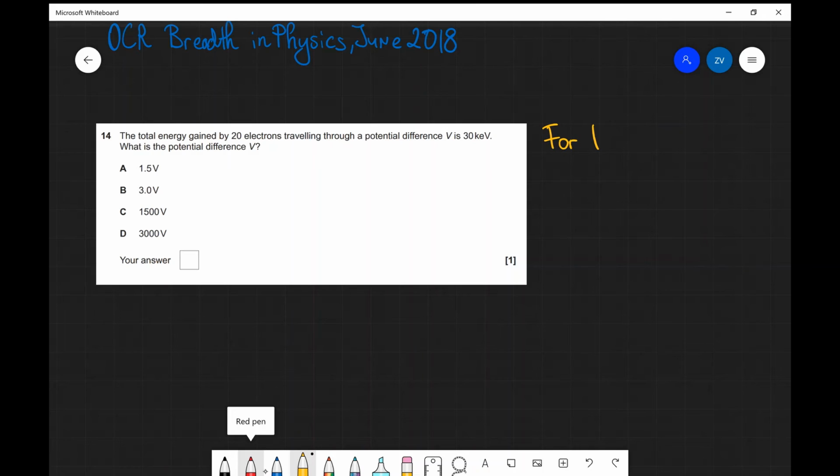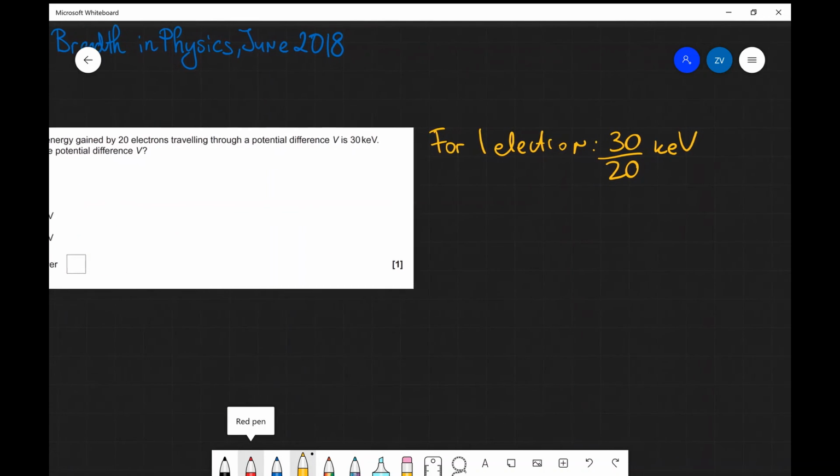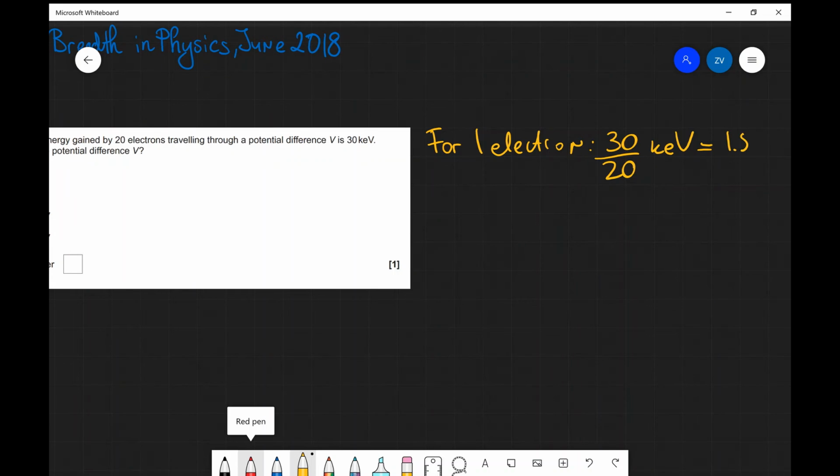So for one electron, this electron would have gained 30 divided by 20 kilo electron volts, keV, which is just 1.5 kilo electron volts.